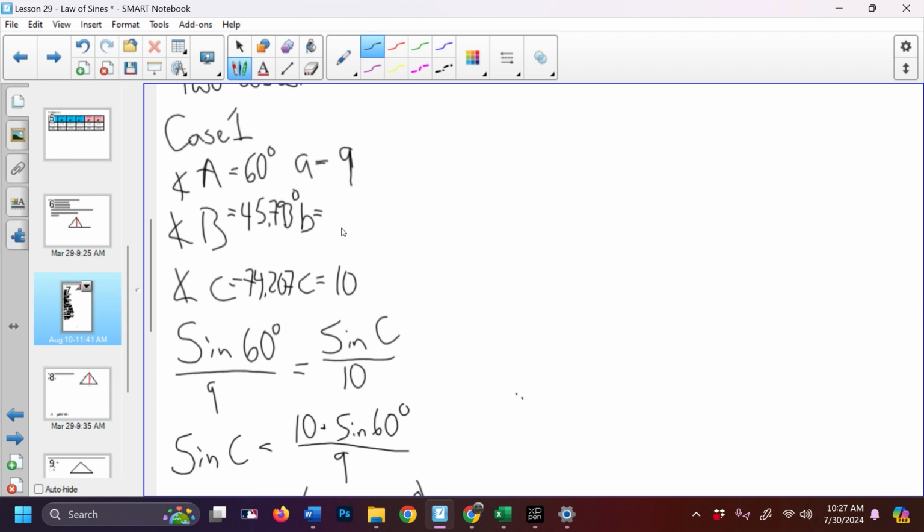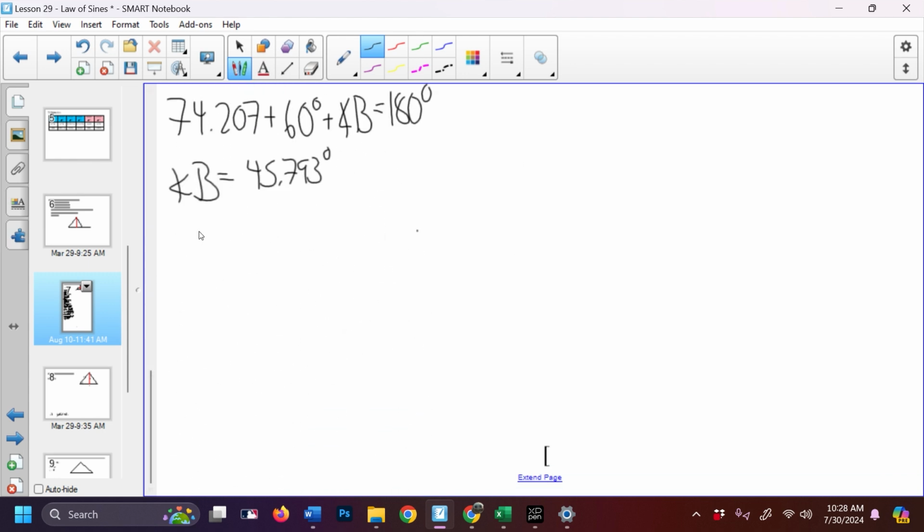What we'll do is we'll use the given information and these two values to figure out what little b is. So the sine of 60 degrees over 9 will be equal to the sine of 45.793 degrees over little b.